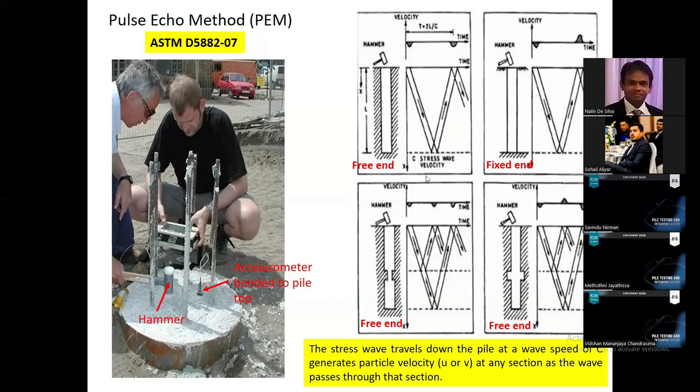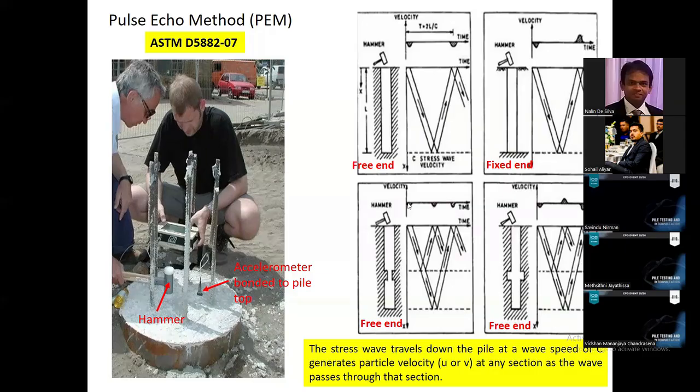Similarly, if we apply the same concept to this pile, let's say you have a free end. Free end means the response from the toe should be in the same direction as the initial wave. And there is another defect, necking. Necking will again send a reflected wave in the same direction as the initial wave.